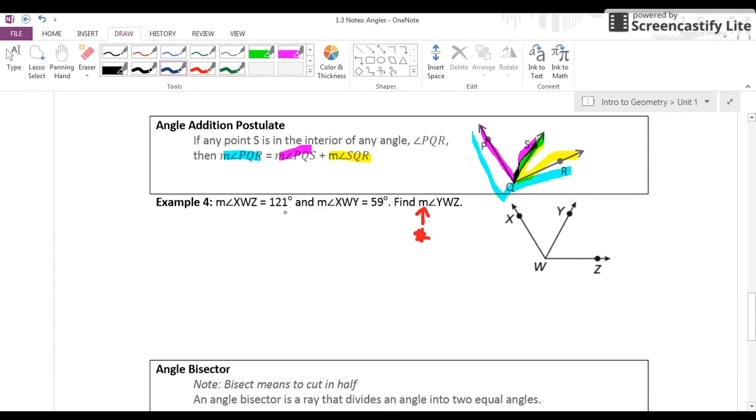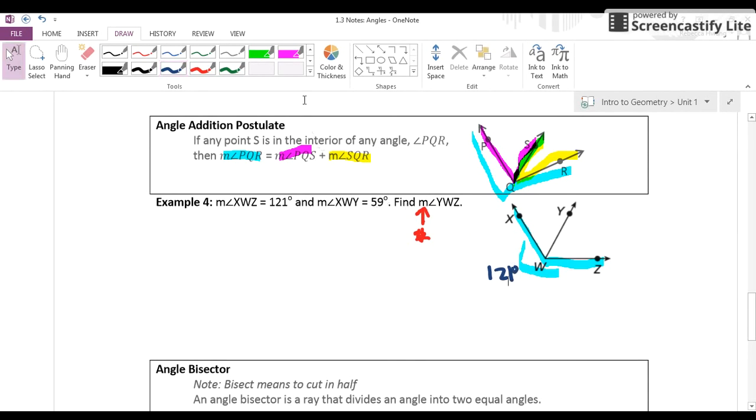So I know that XWZ, that means that entire angle starting at X, right? Going down to W and turning and hitting Z, this whole thing is 121, right? So that whole thing is 121 degrees.